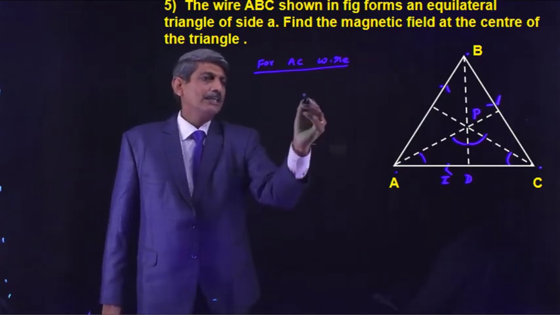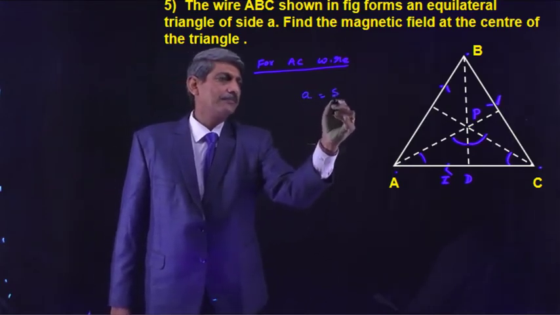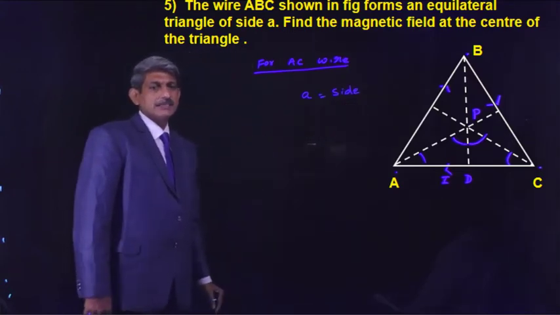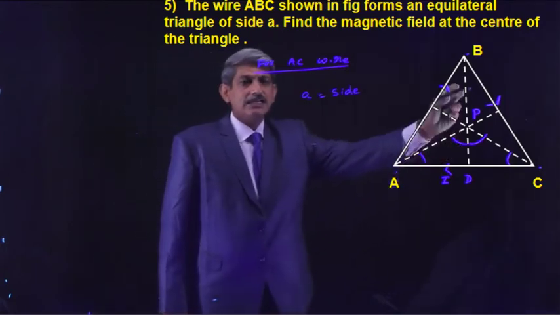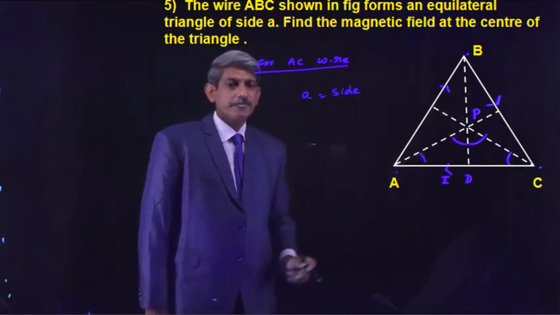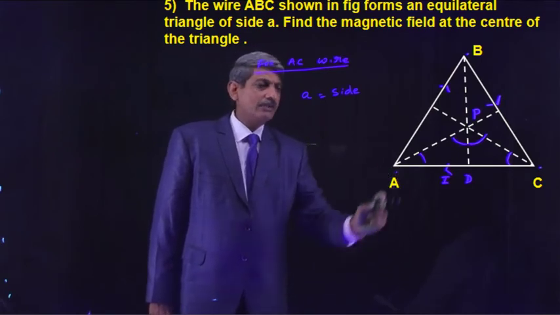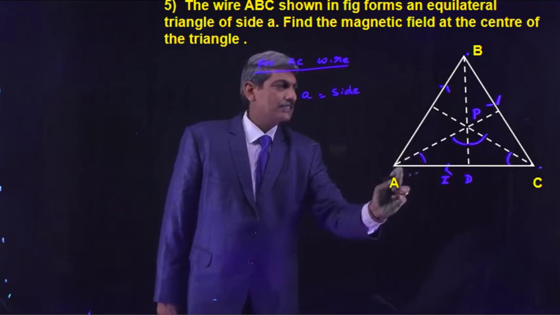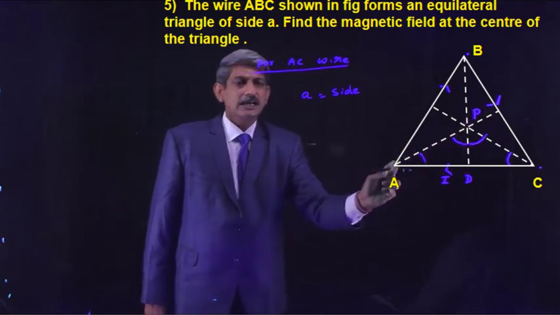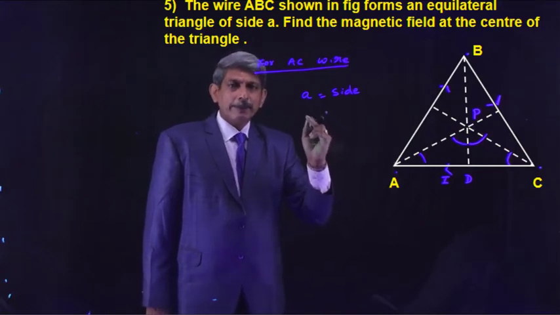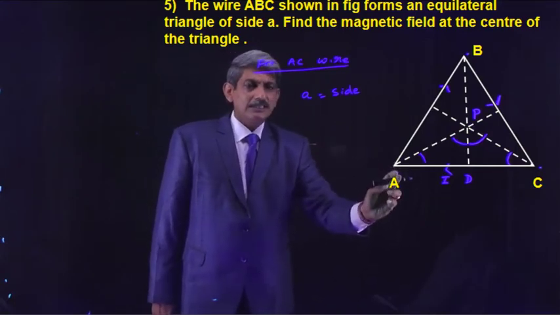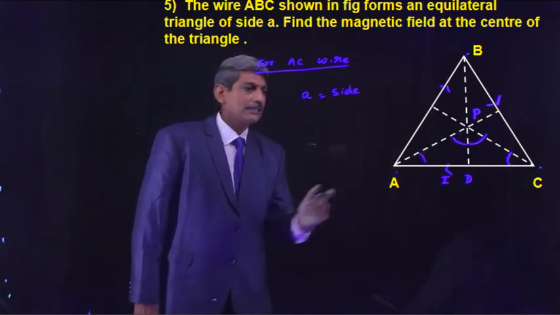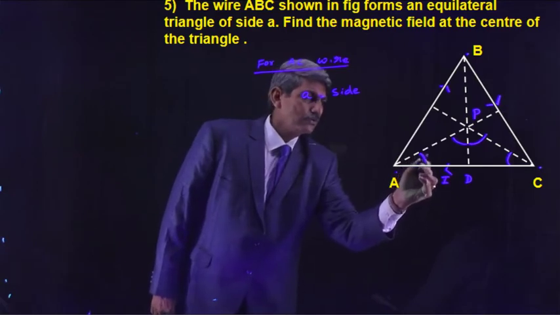If A is the side of the triangle, then inside this triangle, let us see the angles at the different positions. Here it is an equilateral triangle, that's why the total angle at A is equal to 60 degrees, whereas this line AP divides the angle as the bisector, that's why this angle is equal to 30 degrees.